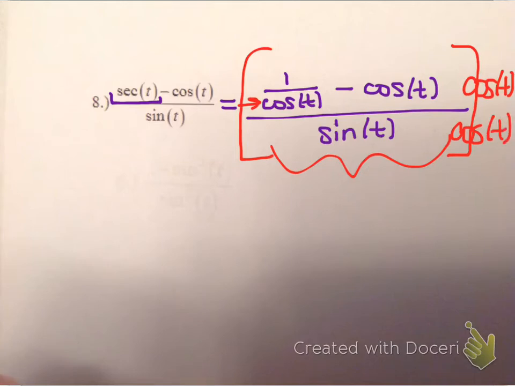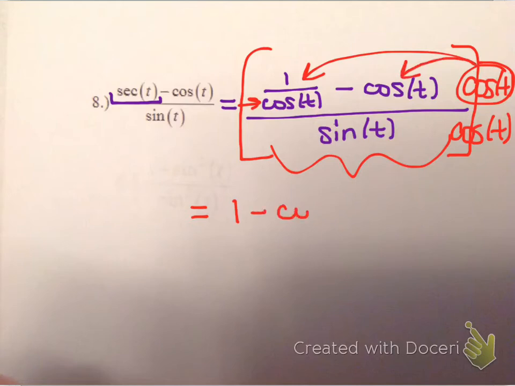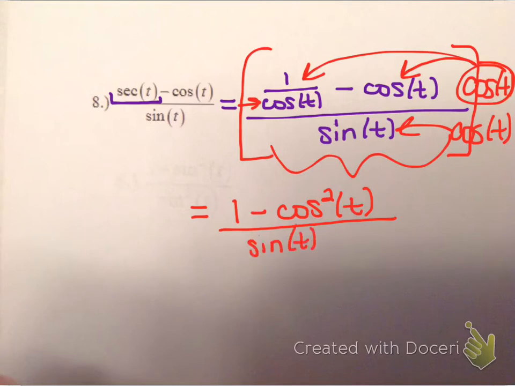And when I take that cosine of t right here and I distribute here, it gets rid of the fraction and just leaves a 1. When I distribute here, it leaves minus cosine squared of t. And when I distribute here, it just leaves sine of t times cosine of t.